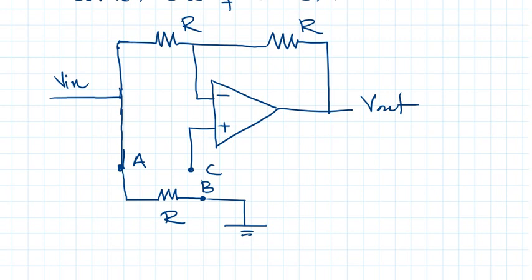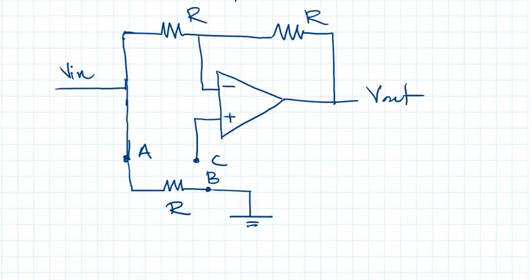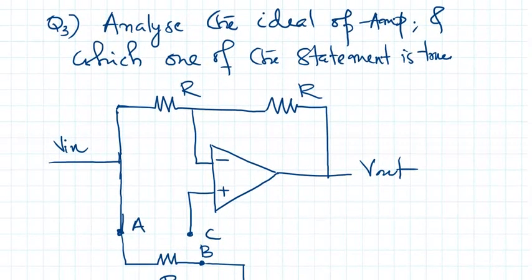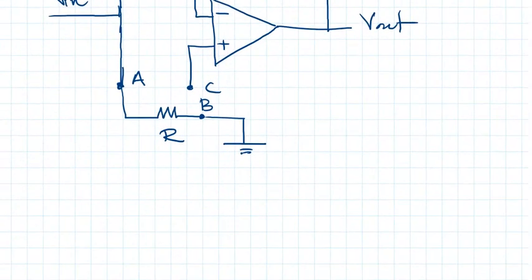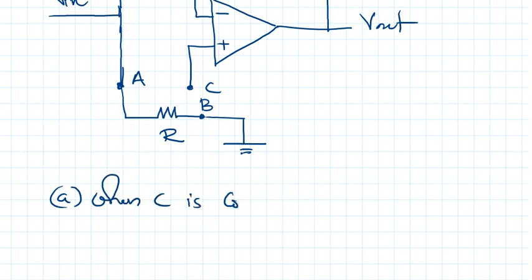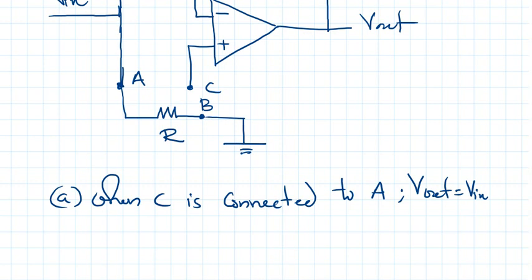Okay, so the statements are: analyze the operational amplifier and which one of the statements is true. The first statement says when C is connected to A, V out is equal to V in, and when C is connected to B, V out is equal to minus V in.